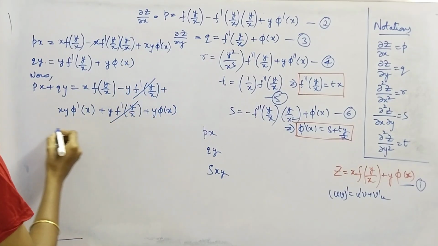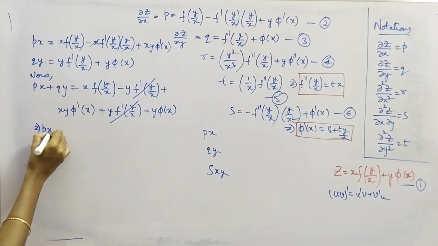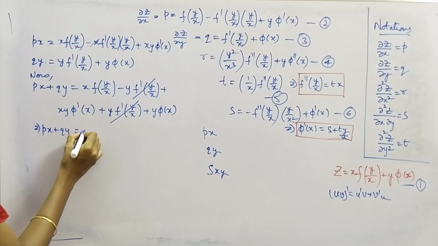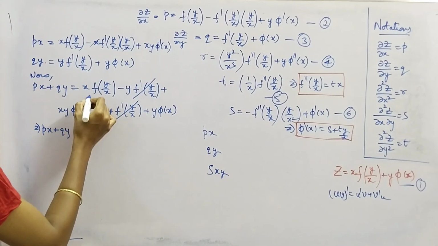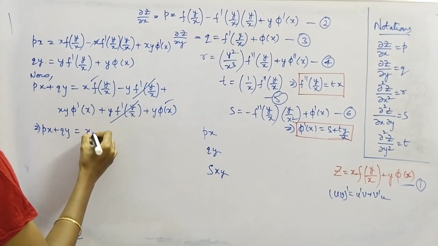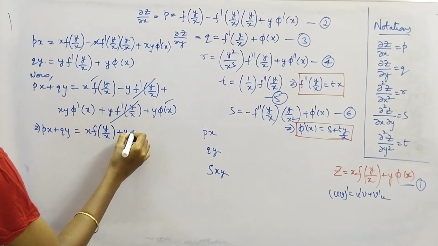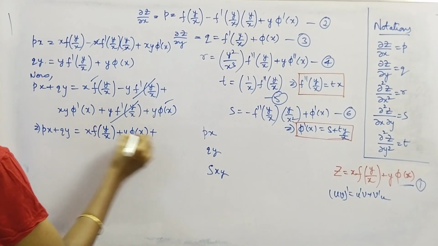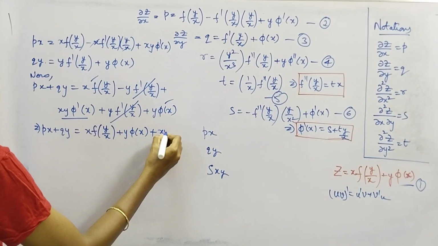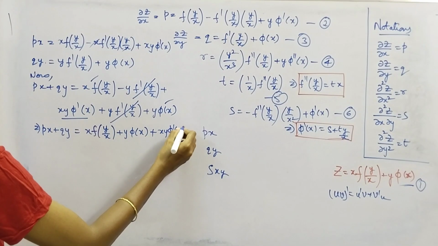Where these two terms get cancelled, and this gives us px plus qy equal to x into, I'll write these two terms first, plus the remaining term xy into phi dash of x.